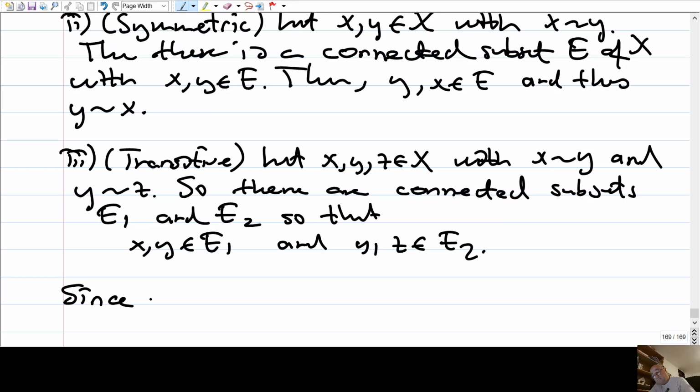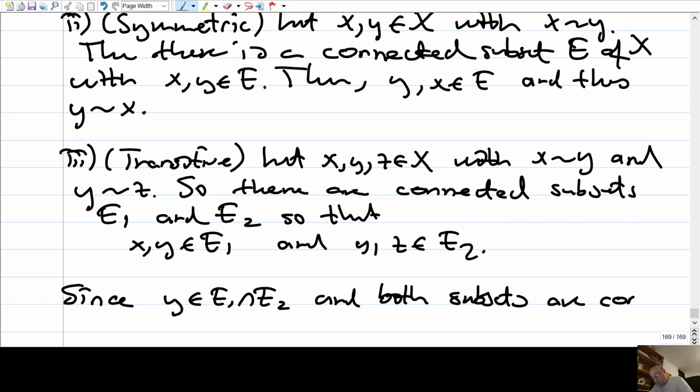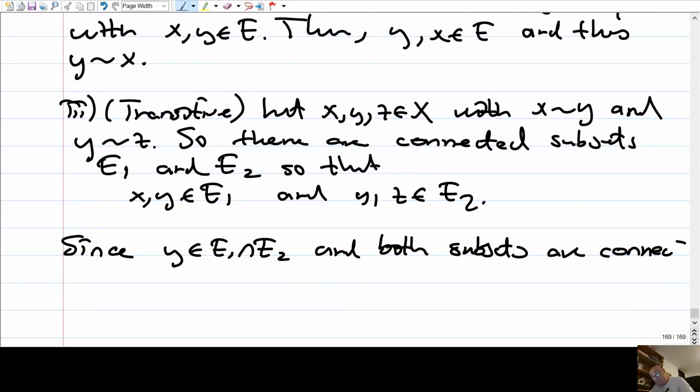Since y is in E1 intersection E2, and both subsets are connected, we see that their union E1 union E2 is connected, right?